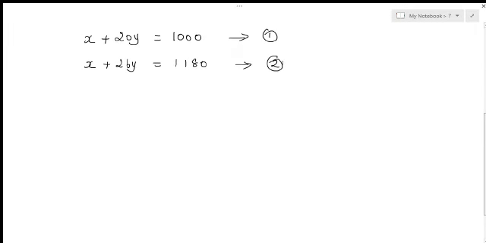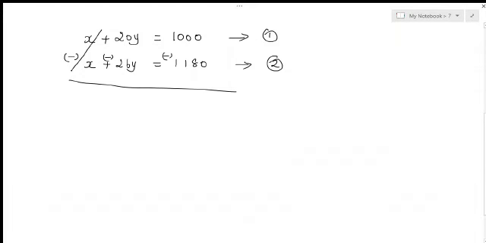and find the solution. Now I am going to solve these two equations by the elimination method. To solve this by elimination method, I have decided to eliminate the variable x. Let me change the sign, minus, minus and minus.